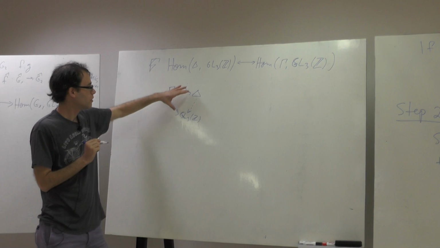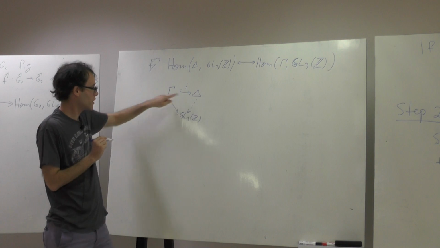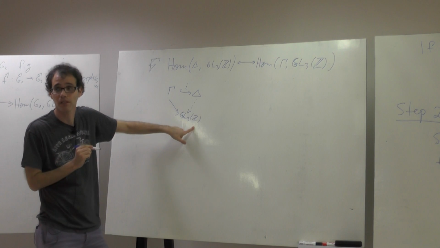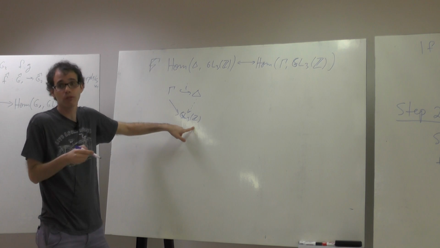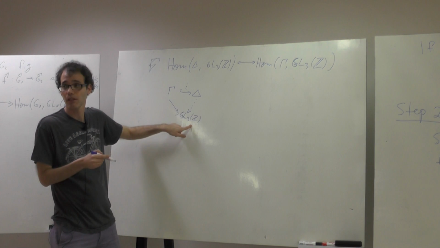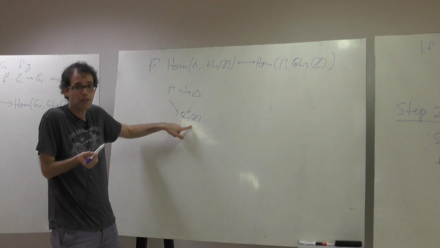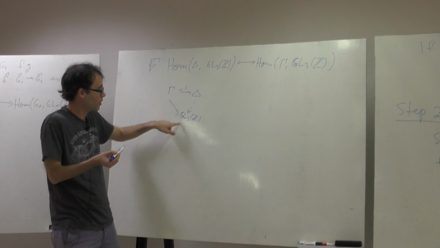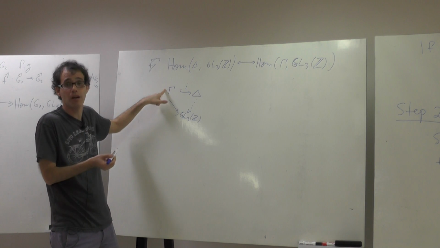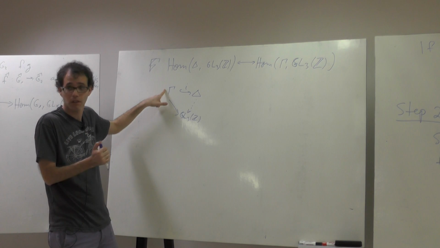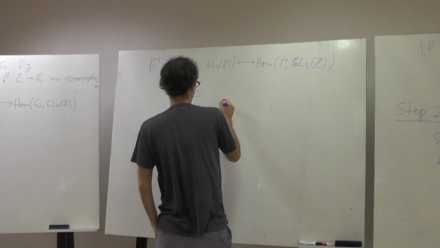Now, the image contains SL3Z, and I claim it is actually equal to SL3Z. It can't be everything, because otherwise you would have a finite quotient, GL3Z modulo SL3Z, of delta, which doesn't come from gamma. Okay?